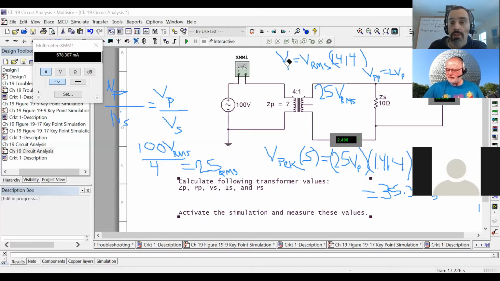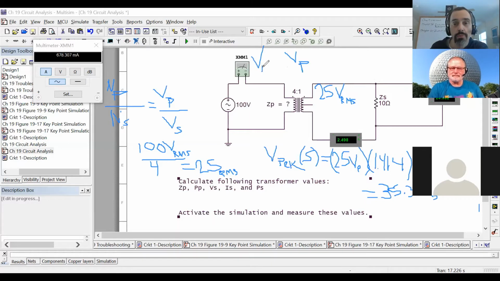I'm going to get rid of this so I can draw some more stuff up here. If we want to go from V peak to VRMS, and we want to get a VRMS, and we want to get to V peak, what do we have to do?